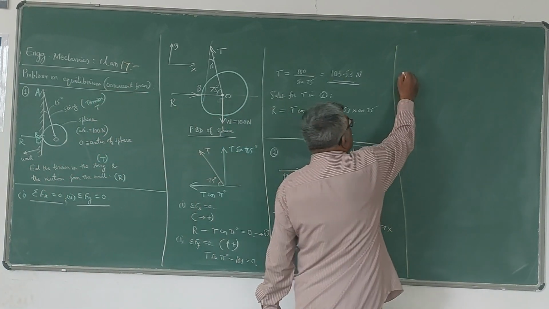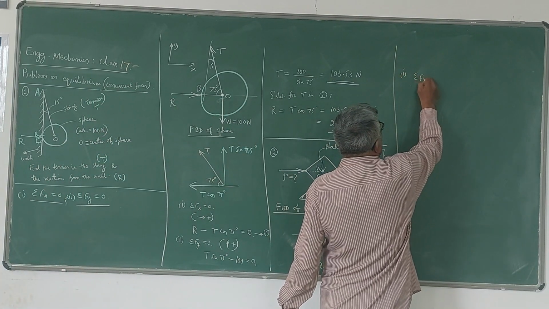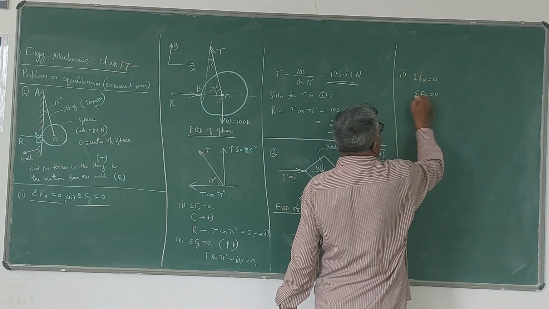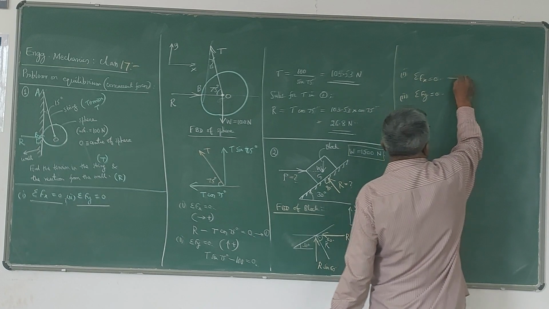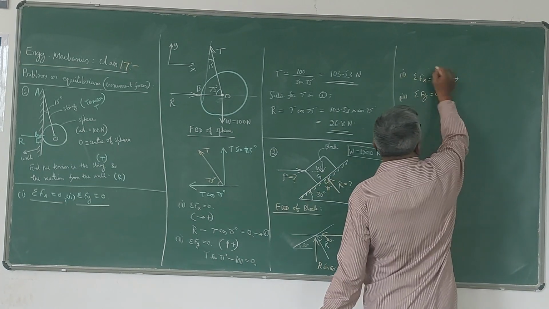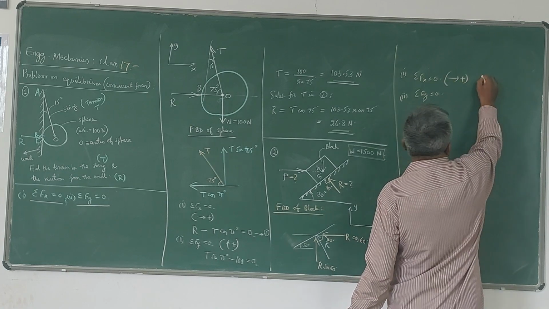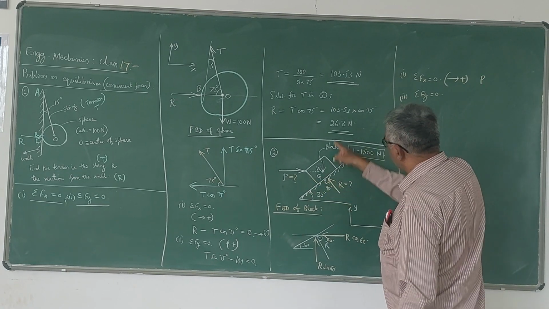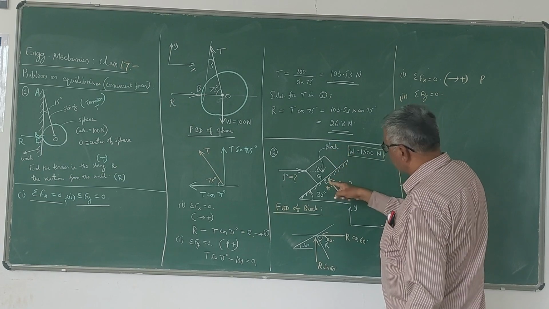Now we will apply sigma Fx = 0 and sigma Fy = 0. These two equations we will apply. The first equation, sigma Fx = 0: P is of course towards right, so taking towards right as positive, P is positive. Then this doesn't have any horizontal component.